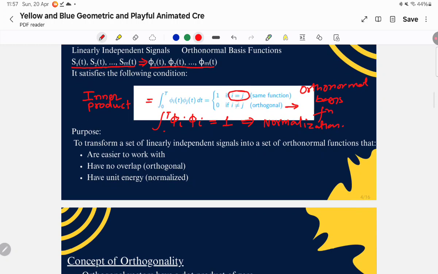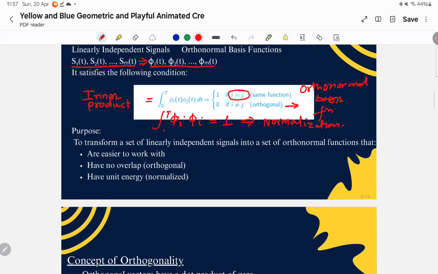Okay, and what is the purpose? We are transforming LI signals into orthonormal functions. For what? It is easier to work in communication. There is no overlap because the signals are orthogonal and orthonormal, and unit energy means normalized. Normalized means the value is 1.